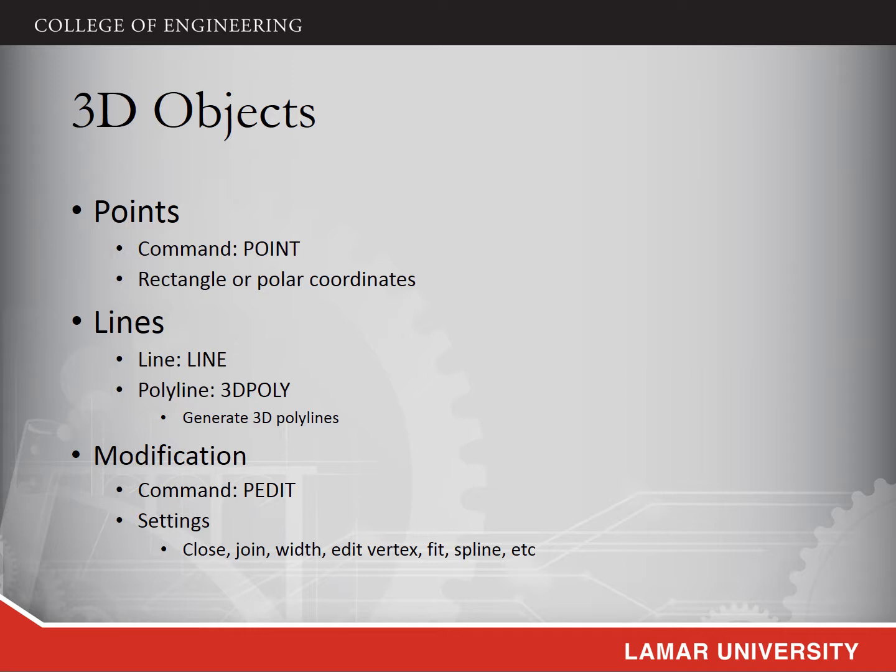If we want to modify the property of the 3D polyline, you have to call the command pedit. And this command is exactly the same as the two-dimensional polyline editing command. The settings, including close, join, width, edit vertex, and so on, are exactly the same as the two-dimensional drawings.